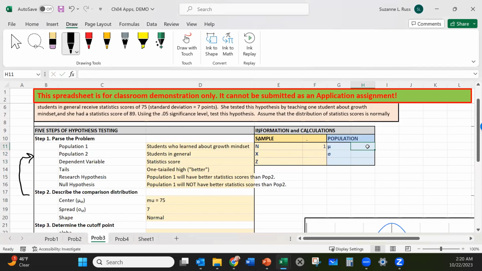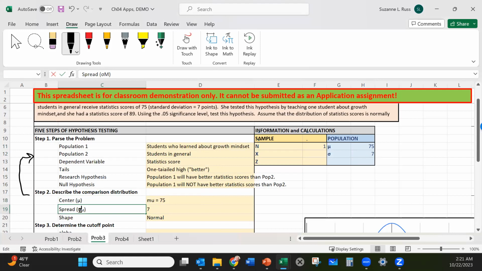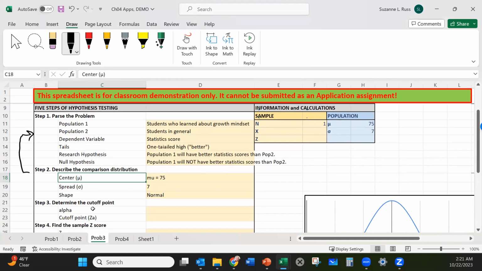And let's put this mu in here that we got, which was 75, and sigma, standard deviation, which was 7. There we go. It's just mu, just sigma.